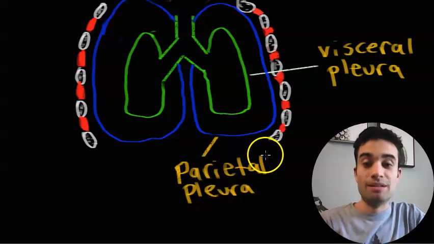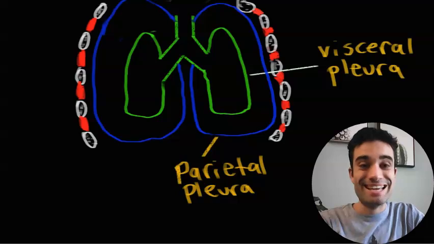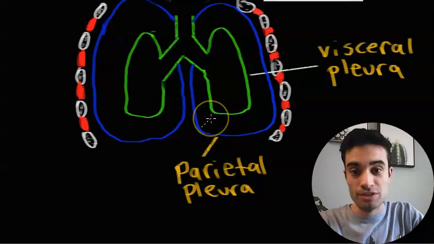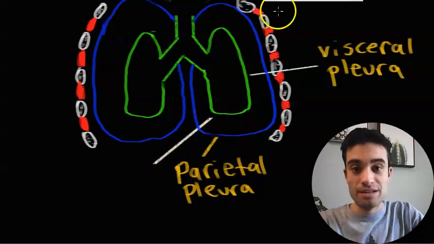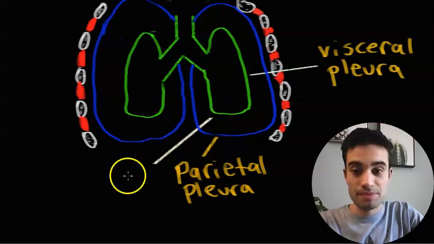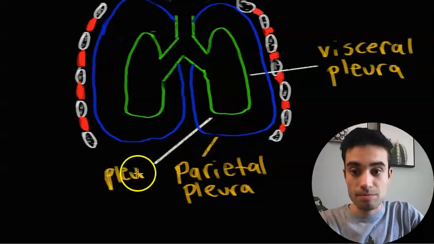And then the lungs also have this space in between the visceral pleura and the parietal pleura. If we draw this right here, this space is known as the pleural space.